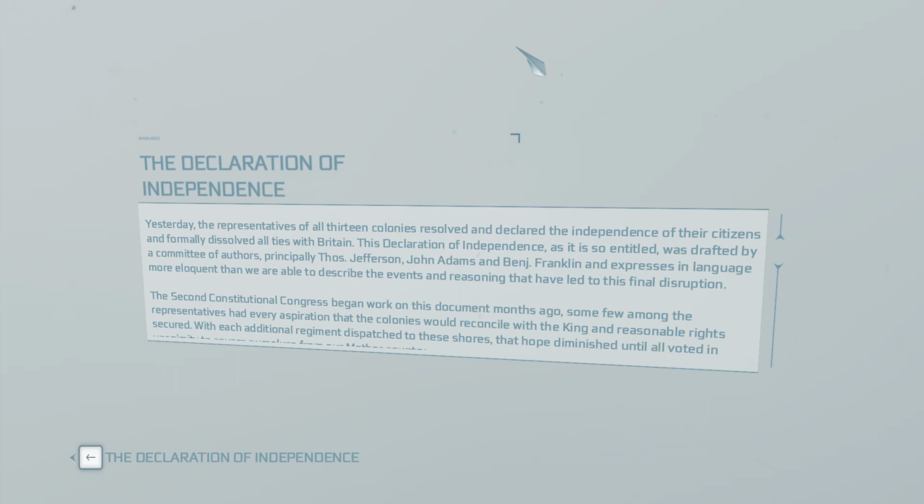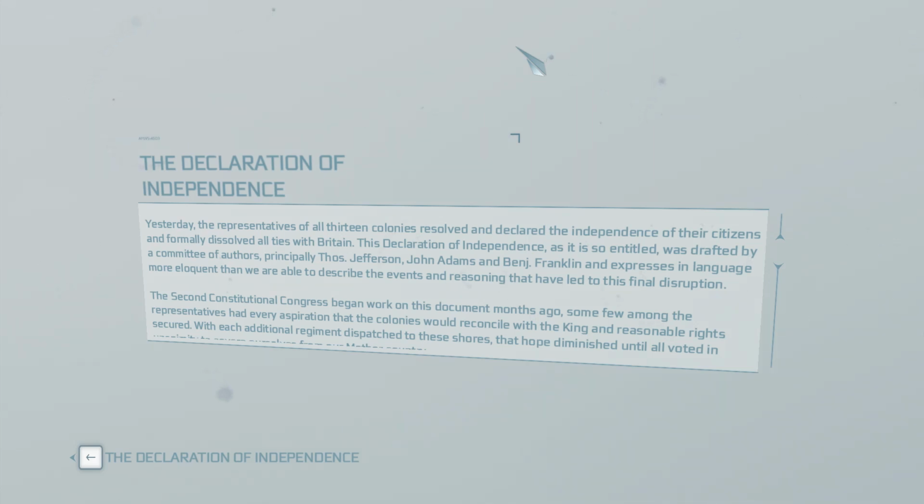Liberty. Congress unanimously declares the United Colonies free and independent states. Yesterday, the representatives of all 13 colonies resolved and declared the independence of their citizens and formally dissolved all ties with Britain.